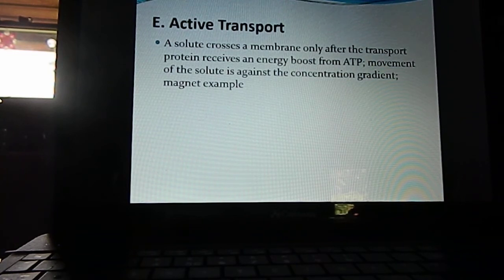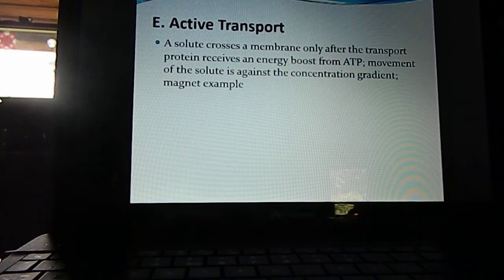And so if the concentration of a particular molecule outside the cell is less than inside the cell, the molecules that are inside the cell will want to move out, right? They want to move out naturally, but what the cell wants to do on some occasions is to hoard or store more of those molecules than it really needs at that particular time.